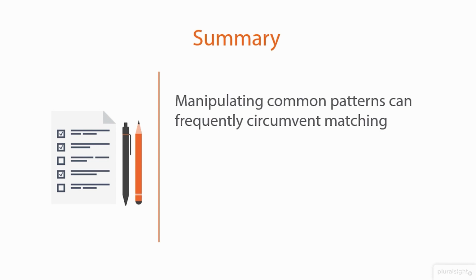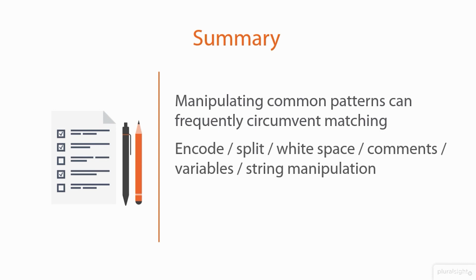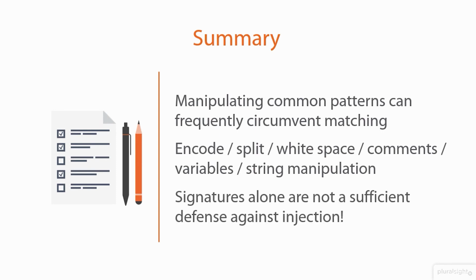That could mean a bunch of different things: encoding, splitting, white spaces, comments, variables, and string manipulation, and sometimes a combination of a few of these. So we saw that when we encoded to hex and then passed it as a variable. But the key message from this module is that signatures alone just aren't enough.